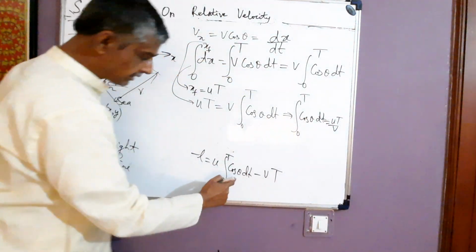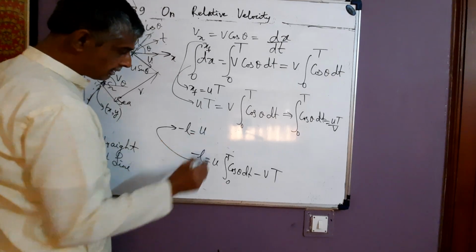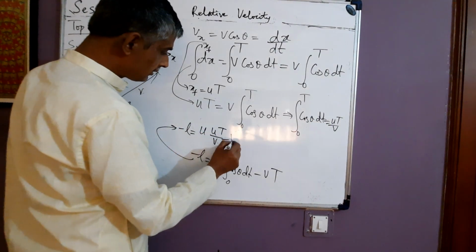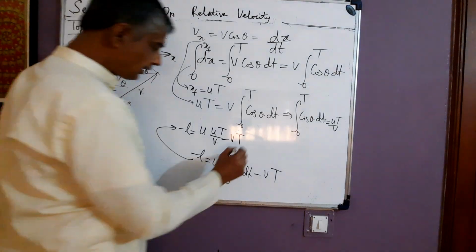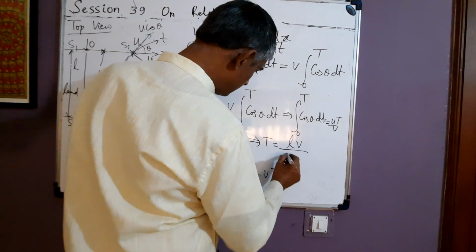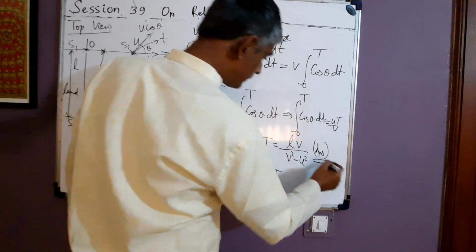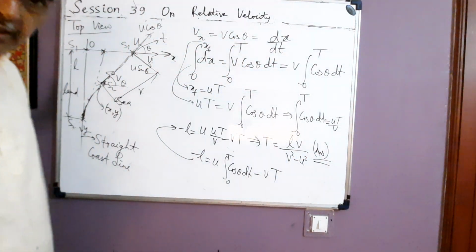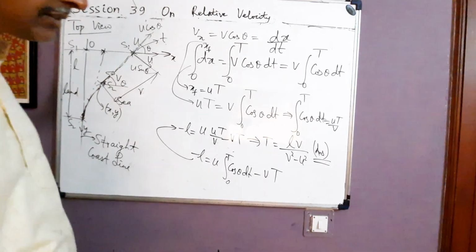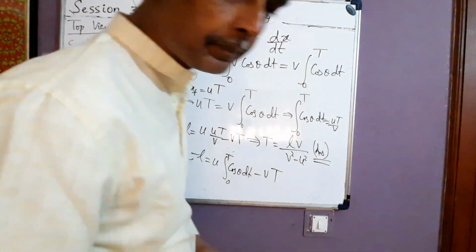Substituting this integral in this result, minus L becomes u times uT by v minus vT. On solving this equation, T becomes Lv by v squared minus u squared. This is the time after which the two ships meet each other.